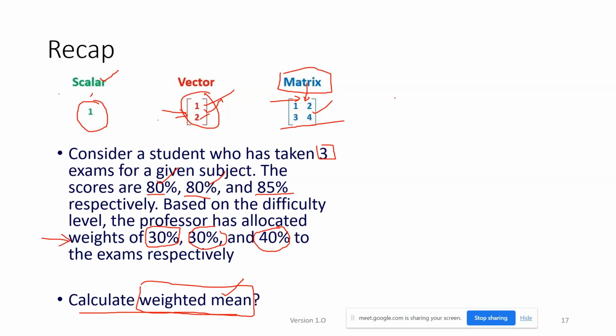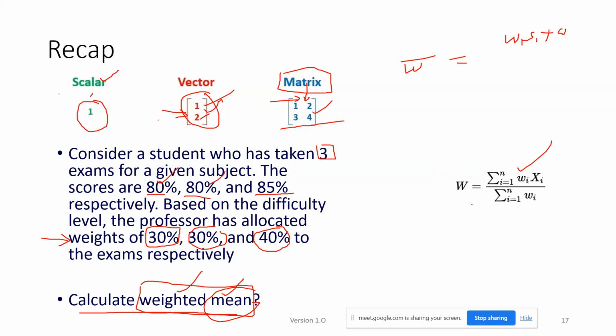We calculate W bar equal to weight 1 into subject 1 plus weight 2 into subject 2, weight 3 into subject 3, and so on, divided by the sum of weights, because we are calculating a mean in terms of weight. This is the basic equation to calculate weighted mean.